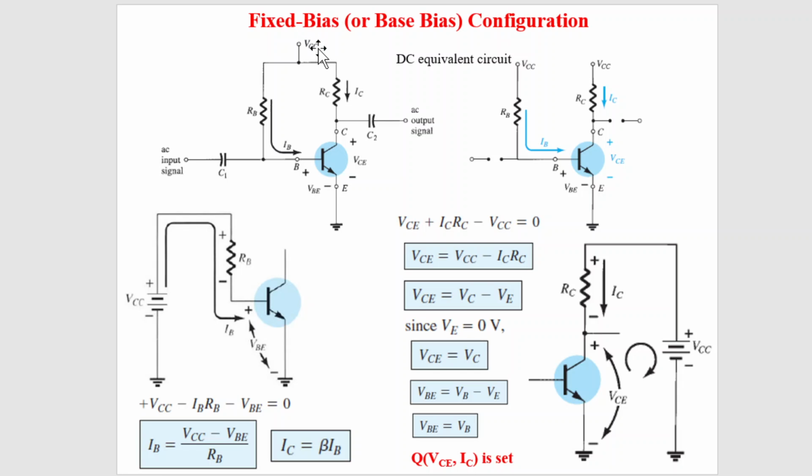In this DC power supply, plus VCC was connected to the base through a base resistor, and the same VCC was connected to the collector through a collector resistance. Then the circuit was designed, and I explained the theory.